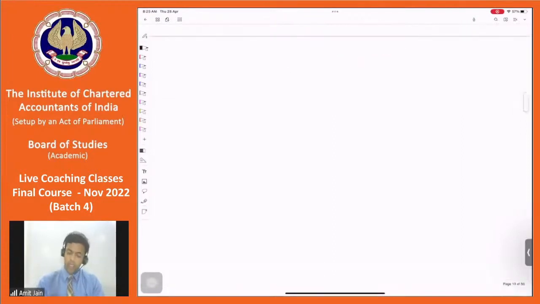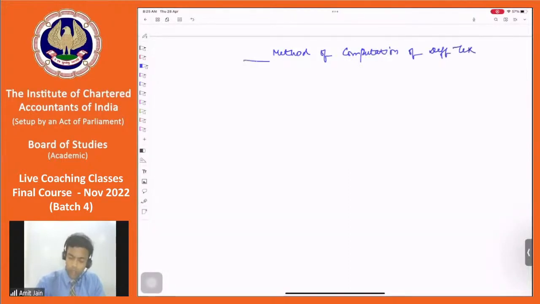Let me take the next sheet. Method of computation of deferred tax. Assets, right?